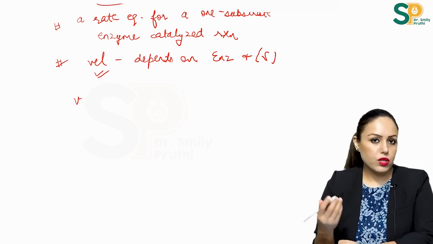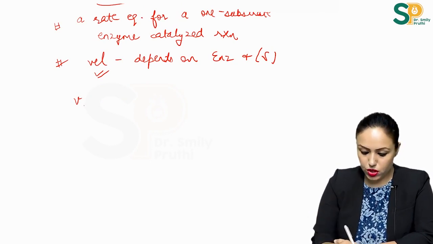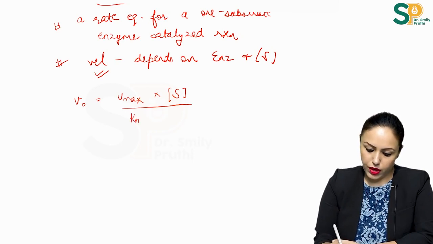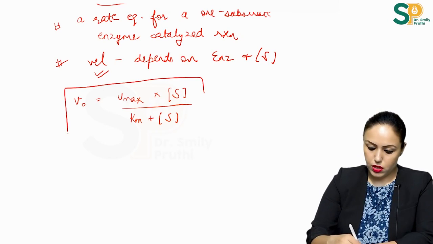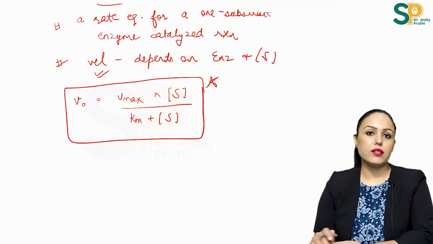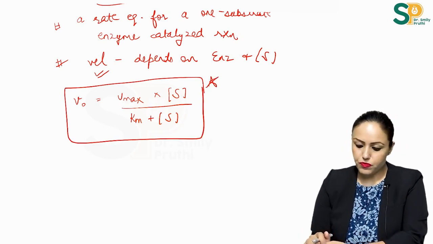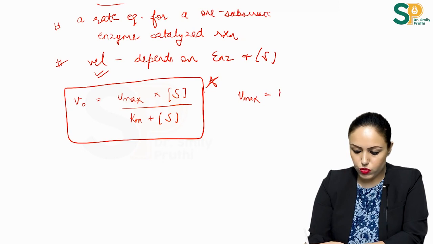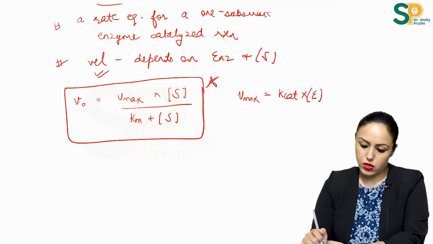So you can just directly note down the equation. V naught is equal to Vmax into substrate concentration divided by Km plus substrate concentration. This is your Michaelis-Menten equation. Now, I told you Vmax is equal to Kcat into enzyme concentration.